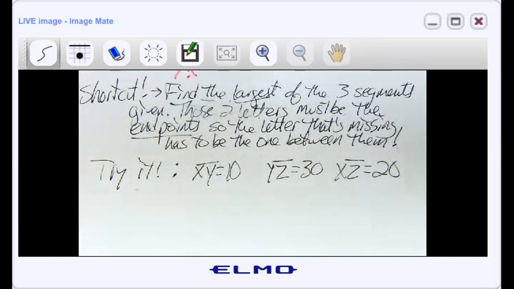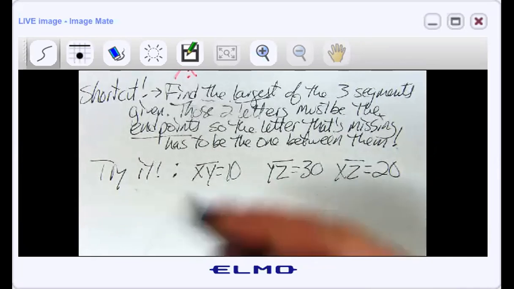See how fast? Those people that are not paying attention to us, they're going to have no idea how to do this. They're not going to know the shortcut. Pay attention, I guess. But yes, absolutely, X is going to be the one in the middle. So I just find my largest of the 3, which is 30. These are the endpoints, Y and Z. So X has to be in the middle.